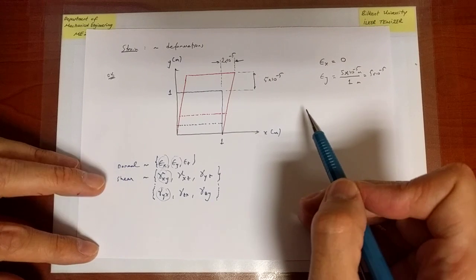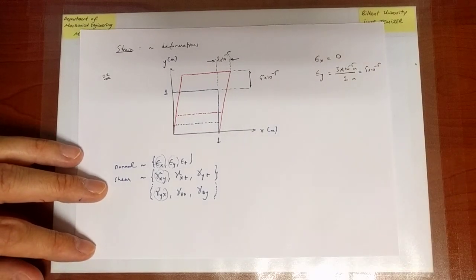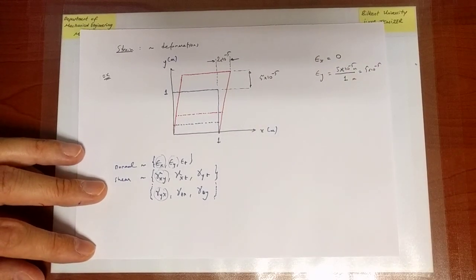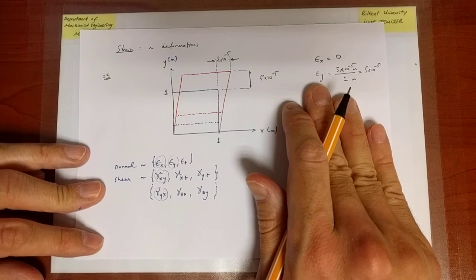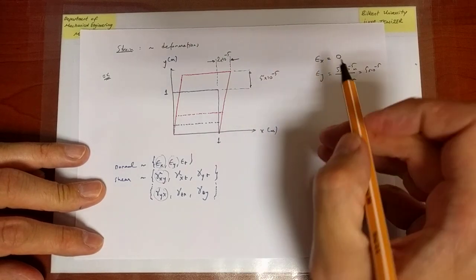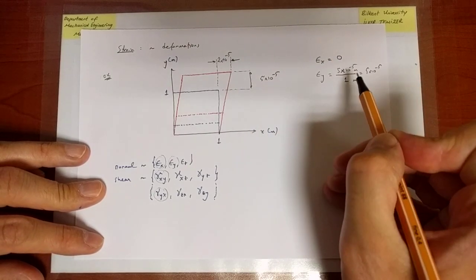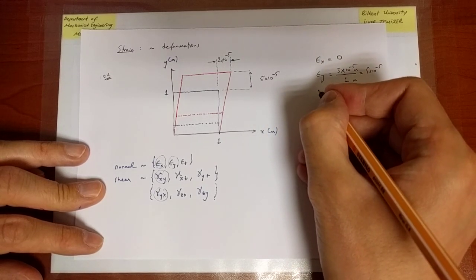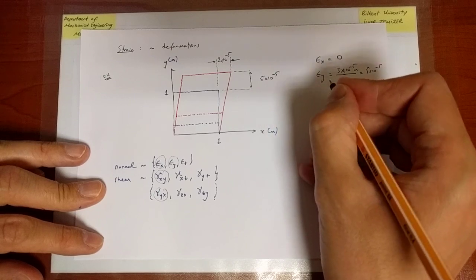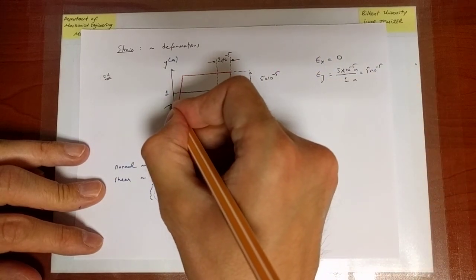So let's come to the concept of shear strain. The shear strain, remember, has to do with angle changes. The normal strain concept works as follows: it's the new length minus the old length divided by the old length. The shear strain is a change of the angle.